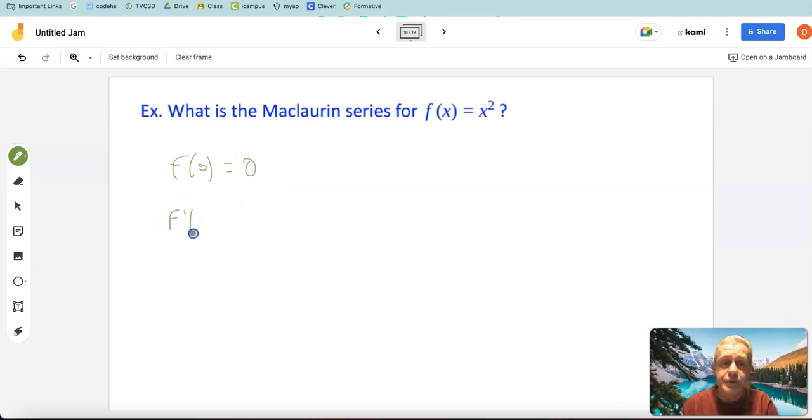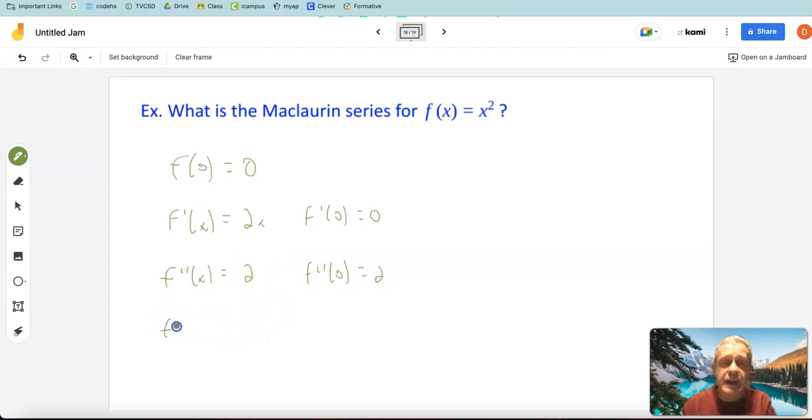The first derivative of this function is just equal to 2x, and so f prime of 0 would just be equal to 0, and the second derivative of our function would be equal to just 2. So then f double prime of 0 would be equal to 2, the constant 2.